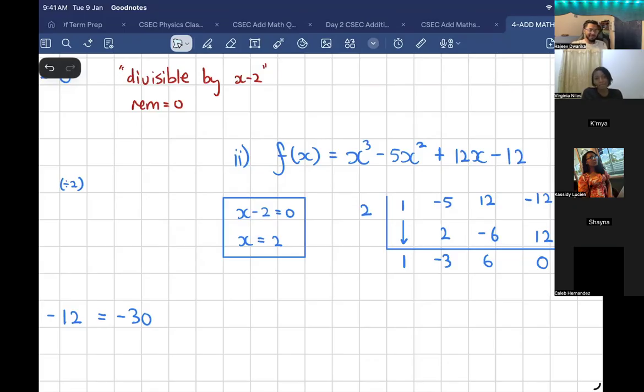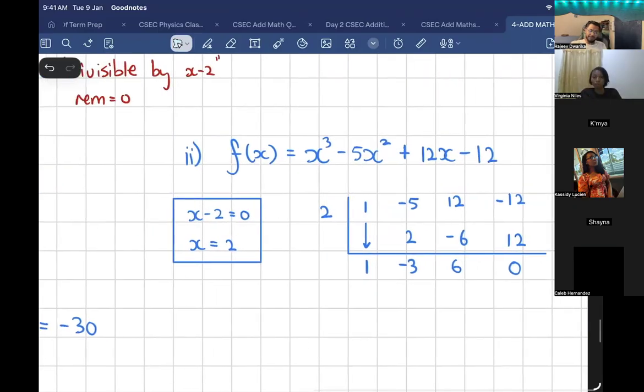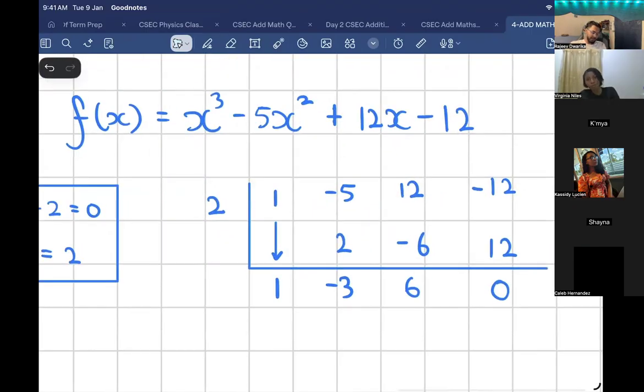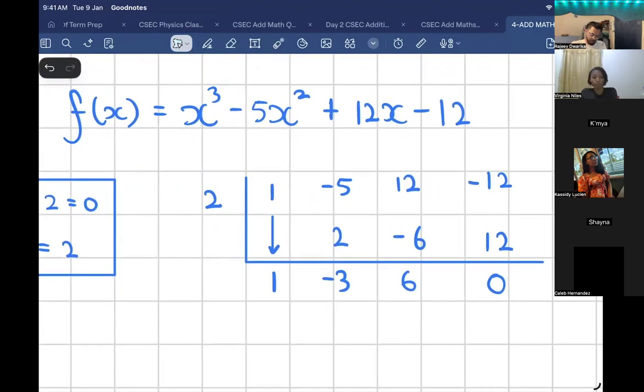I can say everybody here is smart. Caleb, Sheena, Cassidy, Kamaya, Virginia, everybody's smart. Nathaniel. Pretty good.